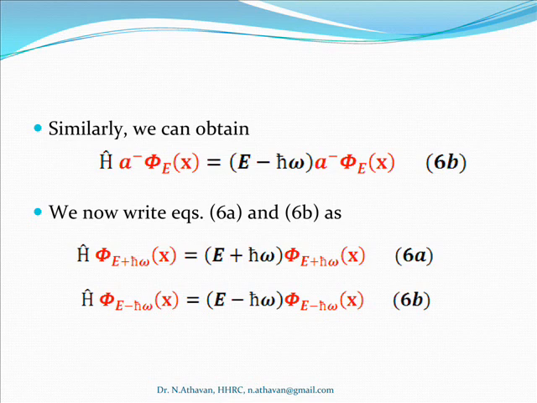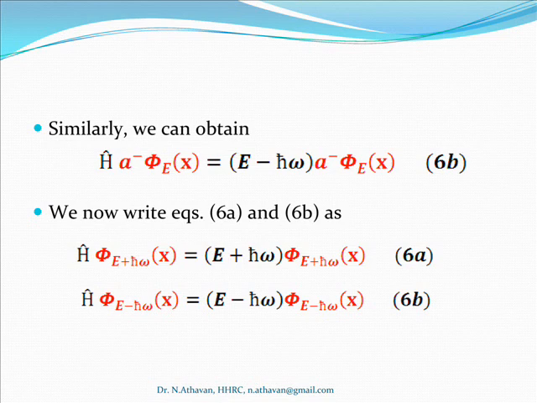In other words, H operating on phi E plus h cross omega gives E plus h cross omega into phi E plus h cross omega, and H phi E minus h cross omega is equal to E minus h cross omega phi E minus h cross omega.